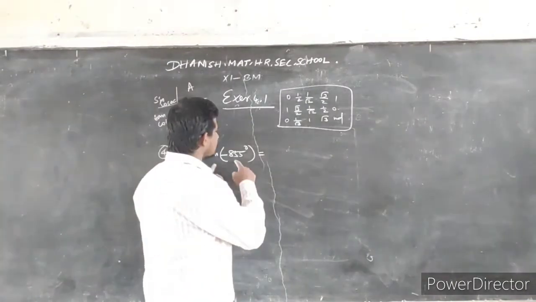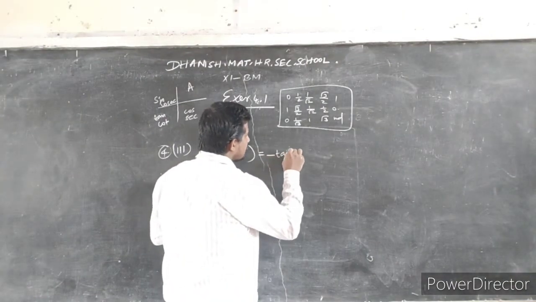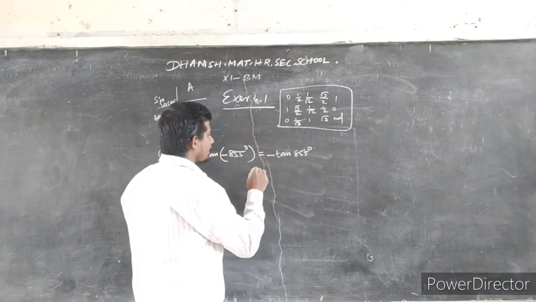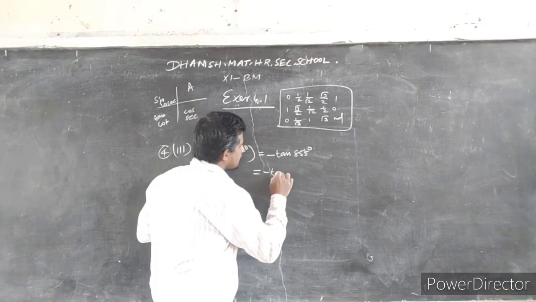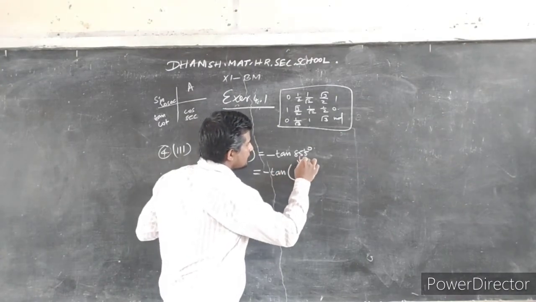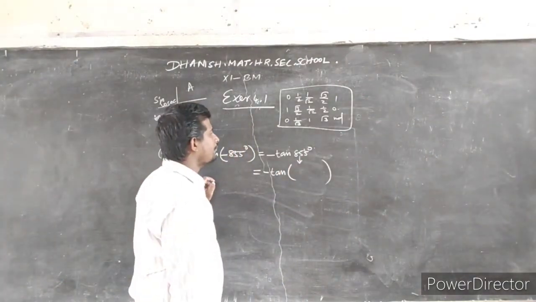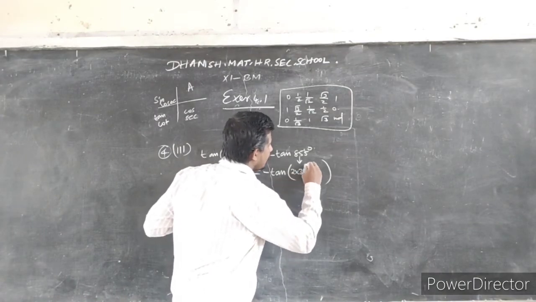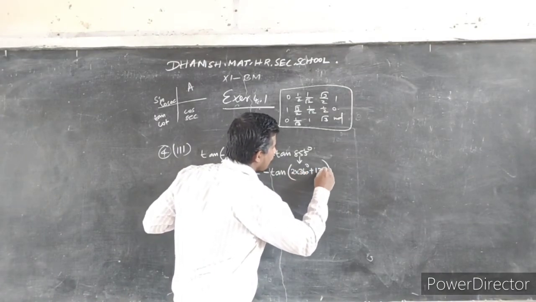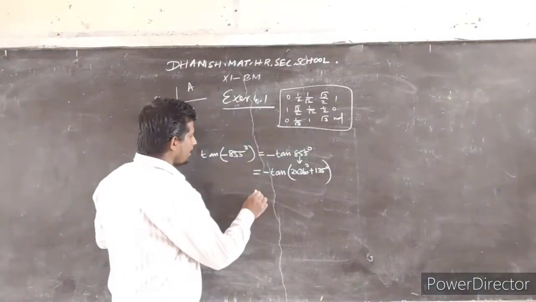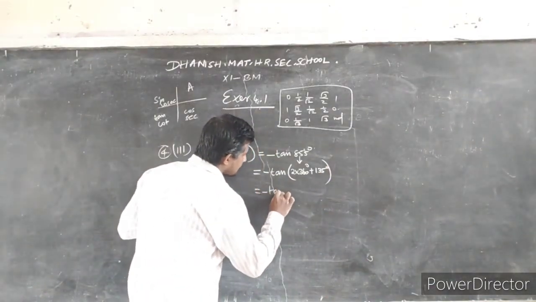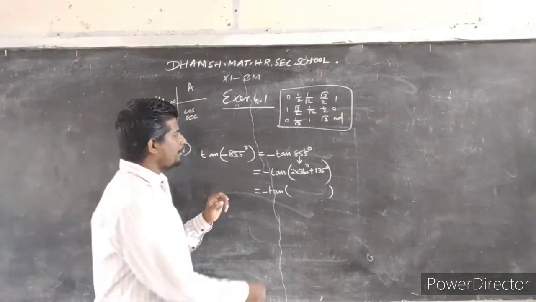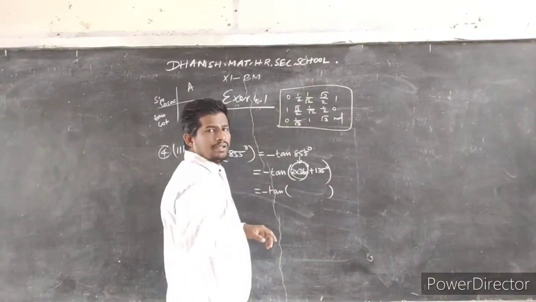So similarly this can be written as minus tan 855 degree. Now 855 degree can be written as 2 into 360 degree plus 135 degree. Multiples of 360 can be dropped out, so we will omit it.